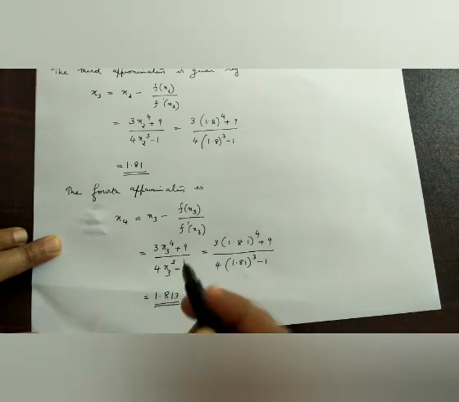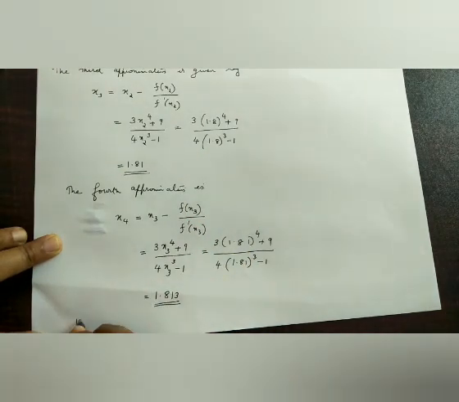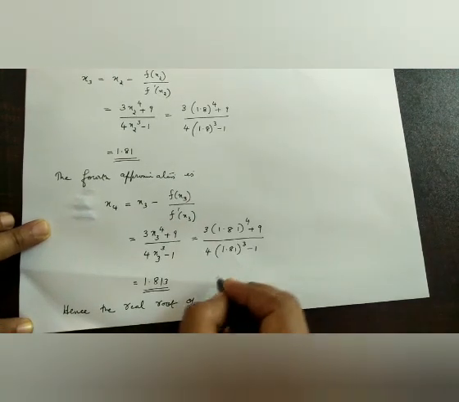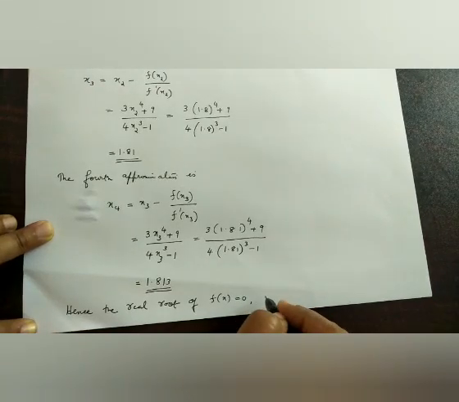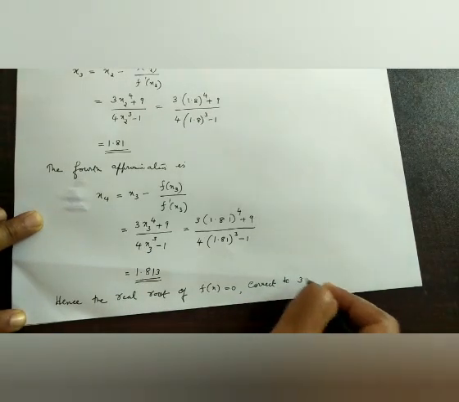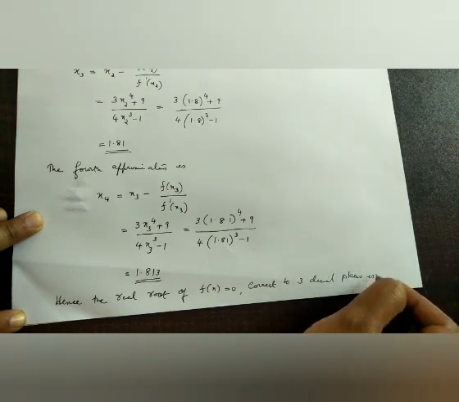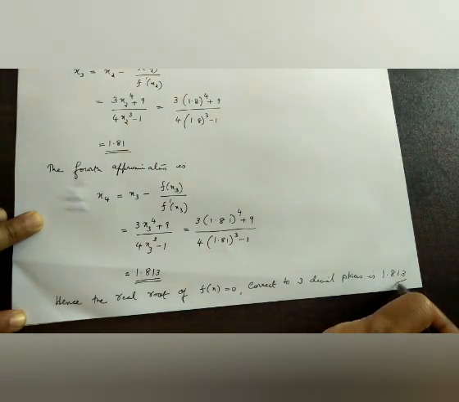Here we can see 1.8, then 1.81, then 1.813. Hence the real root of f(x) = 0, correct to 3 decimal places, is 1.813.